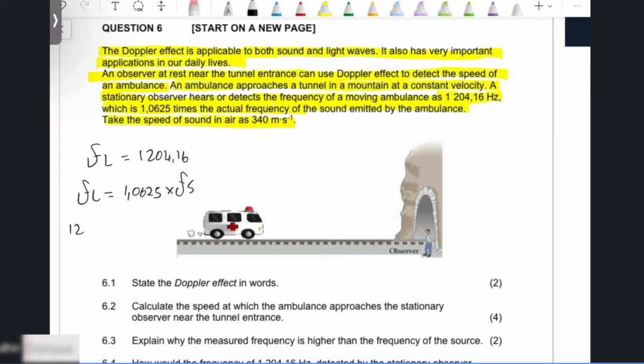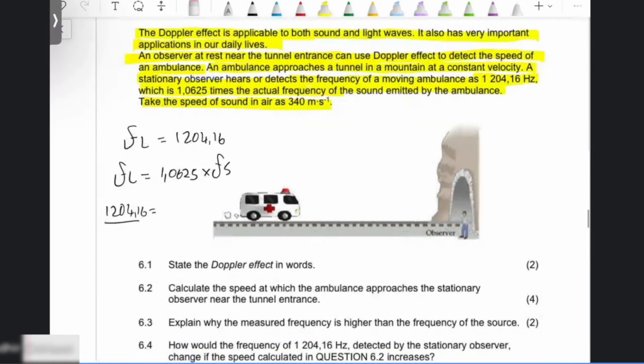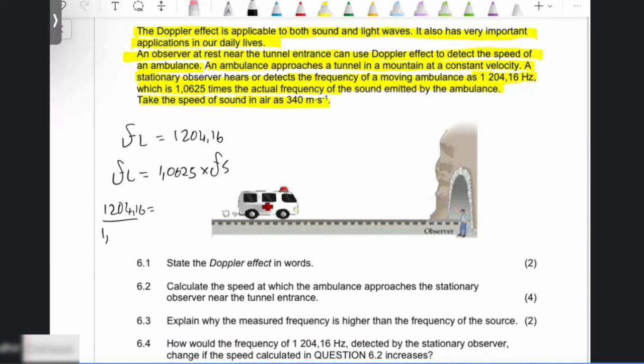So here we can also say 1204.16 divided by the 1.0625 is the frequency of the source. So now we actually have the frequency of the source as well. So 113.32.